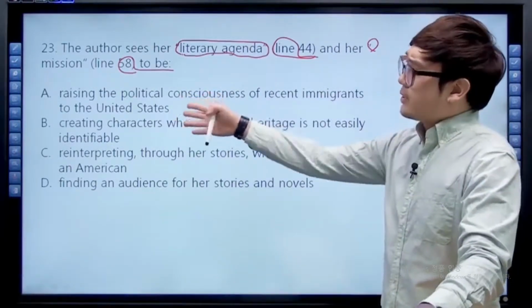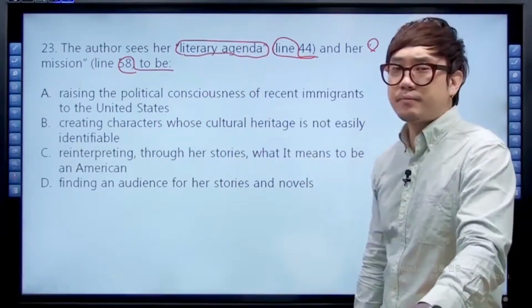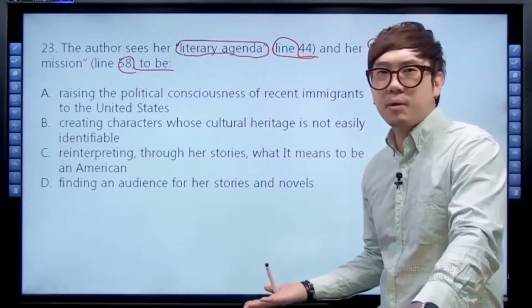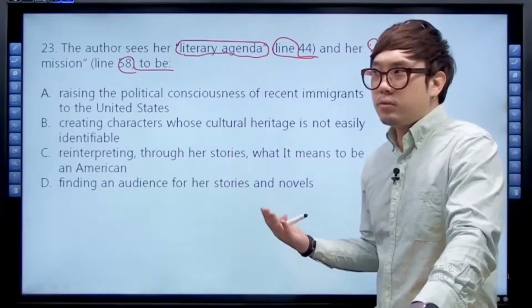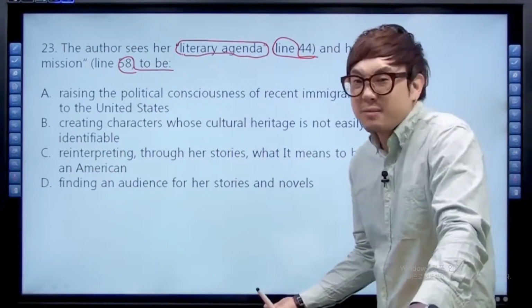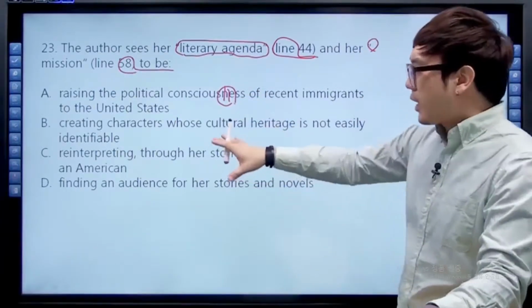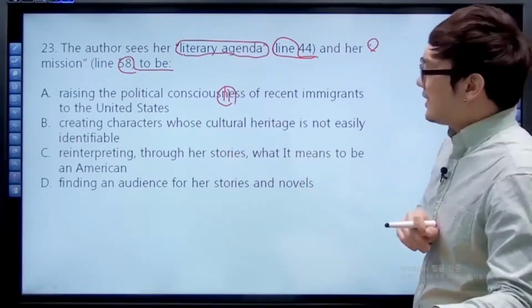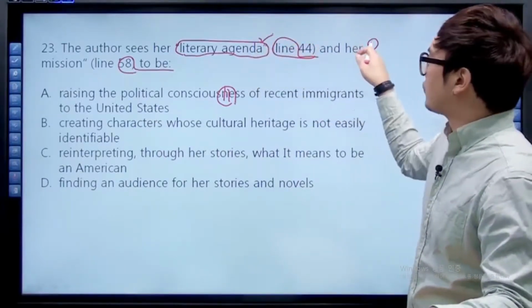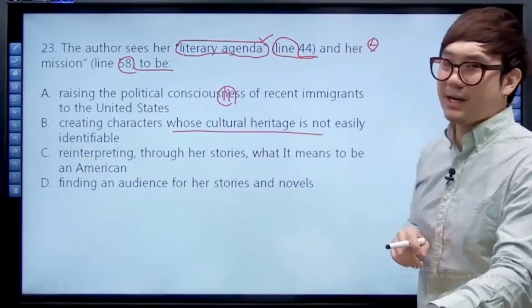A, raising the political consciousness of recent immigrants to the United States. Now, political consciousness of the immigrants, that could be a possibility, right? Because political stance, I guess, is important. So we'll just give it 2 bars out of 4 bars. B, creating characters whose cultural heritage is not easily identifiable. Now, I don't think that's her agenda. Her agenda is reality, not creating characters whose cultural heritage is not easily identifiable.